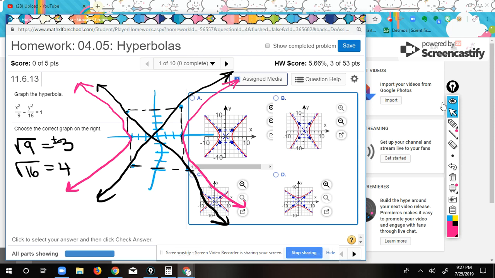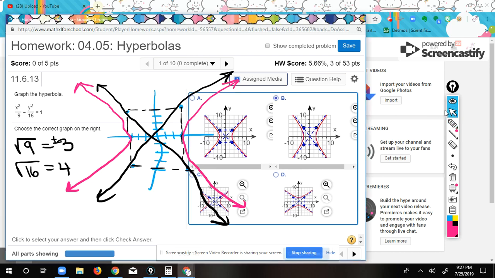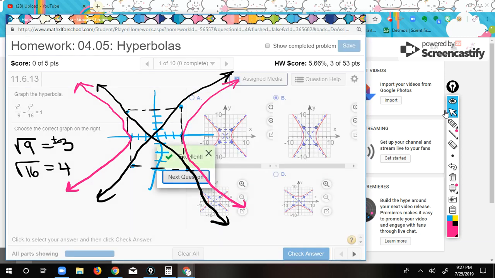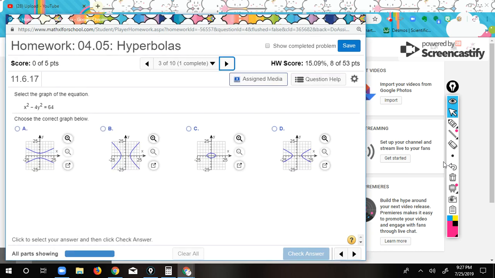Don't want that. So I'm just looking at the points here. This looks like 3, 4. This looks promising. I'm going to say it's B. See if we're right. Yay, we're right. And again, you can always just graph it on Desmos.